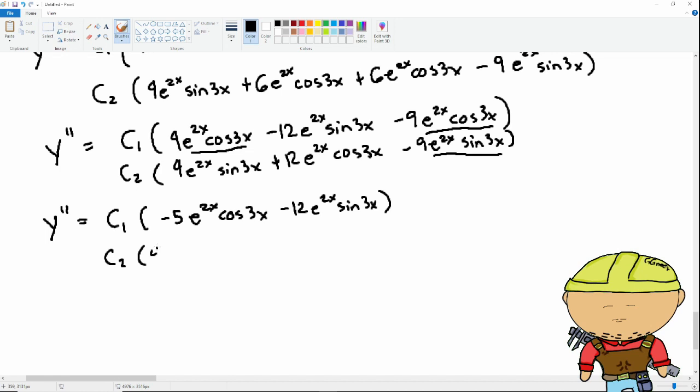For C2, negative 5 again: negative 5 e to the 2x sine 3x plus 12 e to the 2x cosine 3x. For C2, it's not cosine 3x, it's sine 3x.